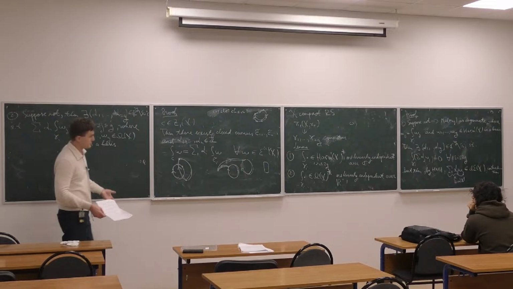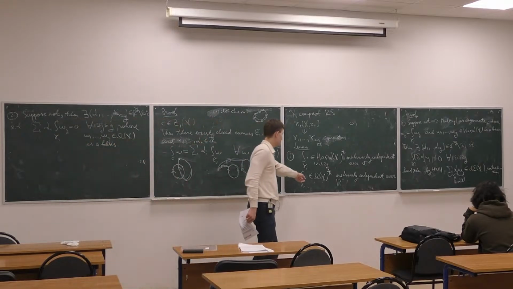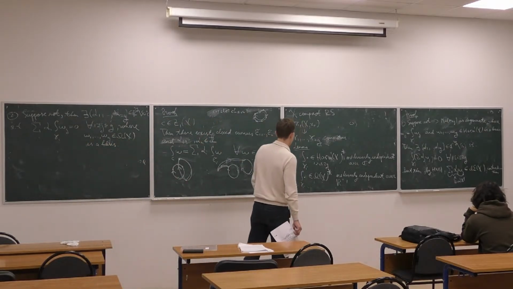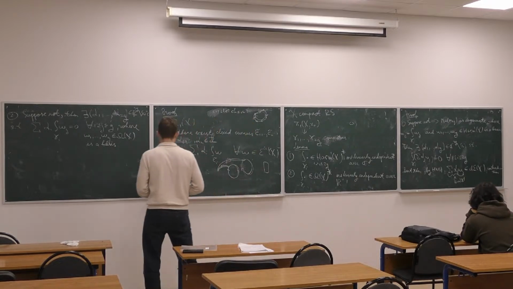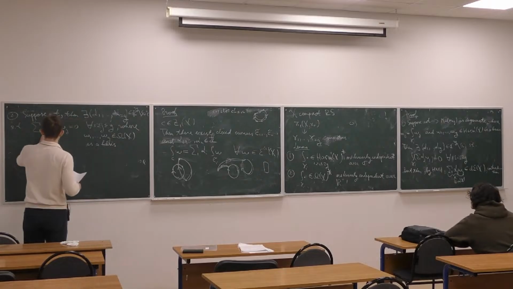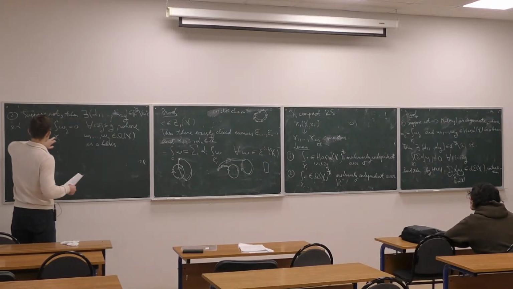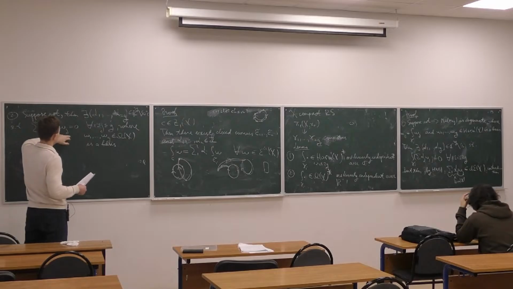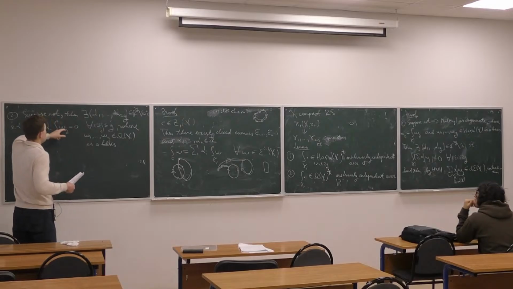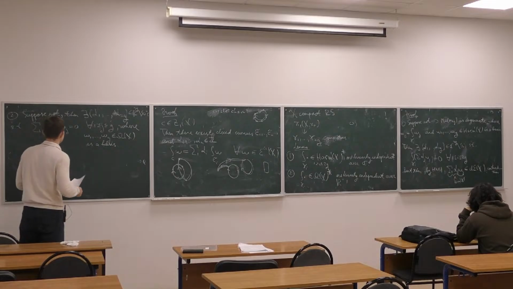So, okay, suppose not. Then these guys are linearly dependent over R, so some non-trivial linear combination is 0. It means that there is some linear combination of gammas such that this sum of integrals is 0 for any holomorphic form, or for any element of the basis in the space of holomorphic forms.